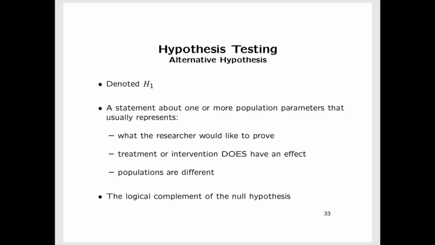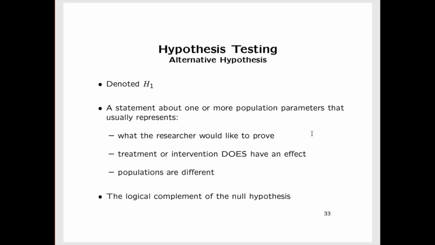The alternative hypothesis is denoted by H sub 1 or sometimes by H sub A, and it is a statement about one or more population parameters that usually represents what the researcher would like to prove, that the treatment or intervention does in fact have an effect, or that differences exist between populations. And as we said before, the alternative hypothesis is the opposite or the logical complement of the null hypothesis.